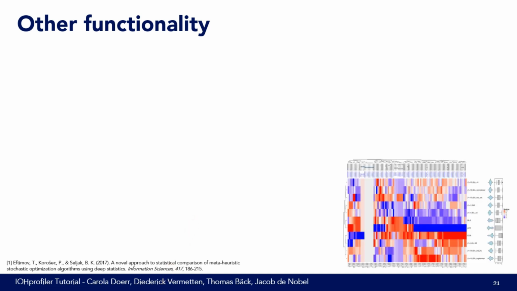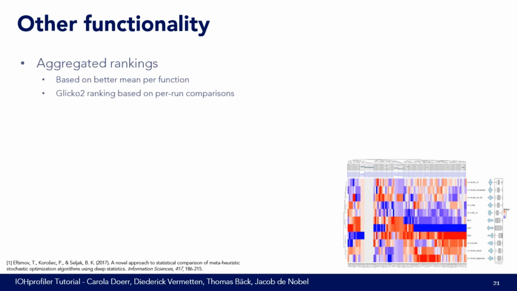Then to highlight some final functionality that we have available, we have things like statistical comparisons. We have different aggregated rankings, based on ranking schemes like the GLICO2 ranking schemes.